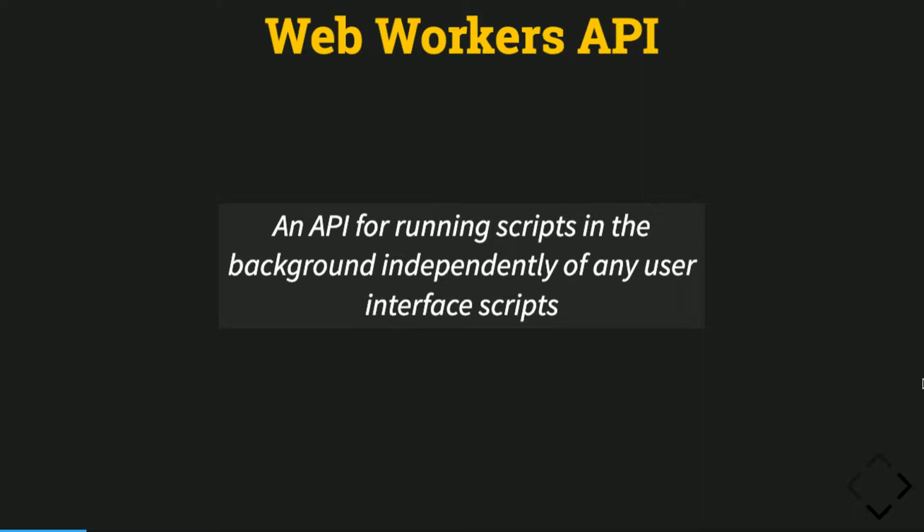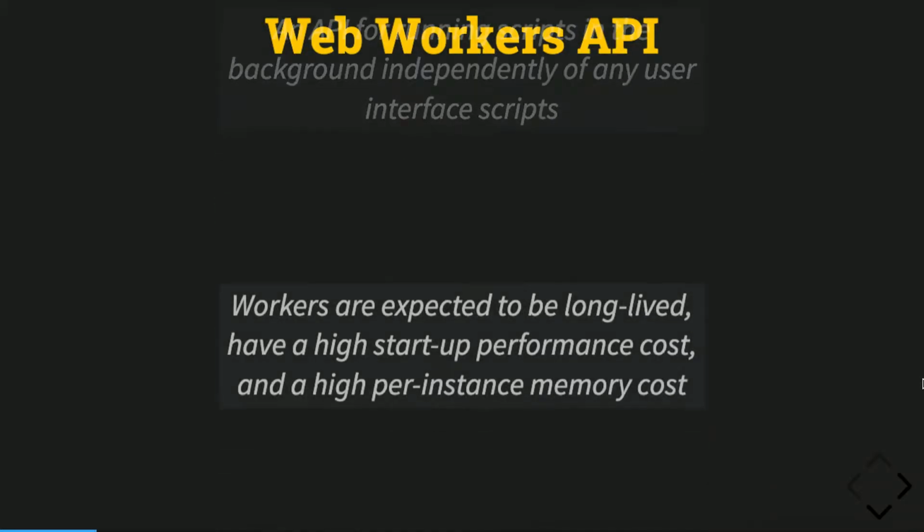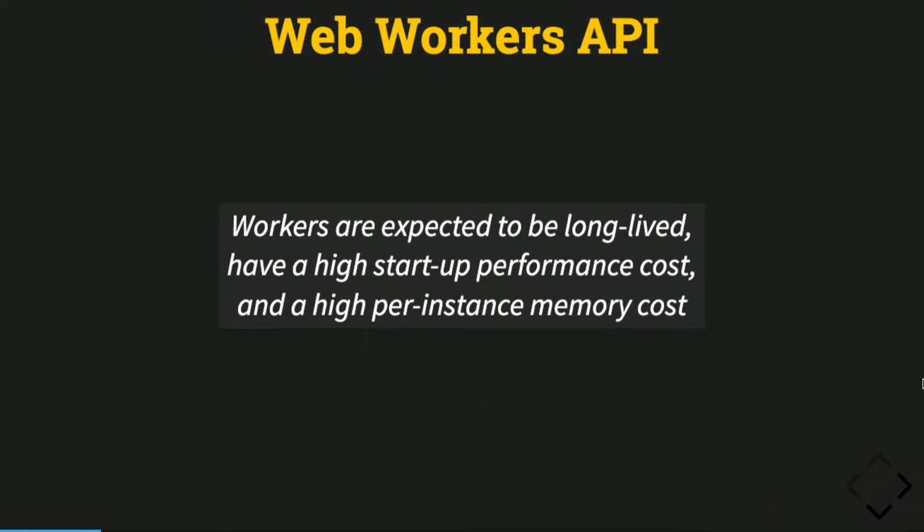What Web Workers does is it provides an API for having multi-threaded scripts running in the background independent of the DOM. You can have these scripts be very high performance, using lots of memory, but without any impact on the browser, the windows, and the user's interaction.